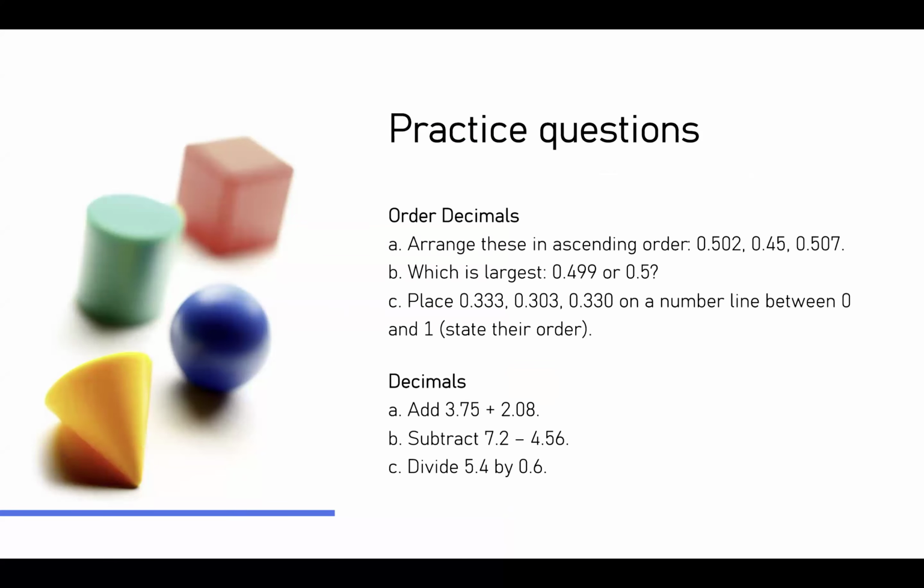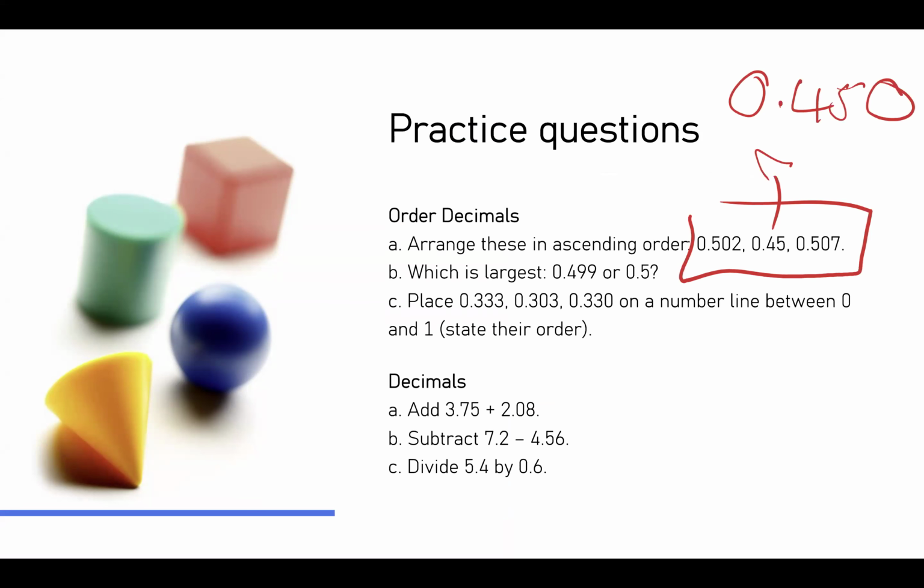So arrange these in ascending order. So these three. If we turn this into three decimal places, we know that this is 0.450. That means the same thing as this. So then all we have to do is arrange in ascending order. So the biggest is 0.507.